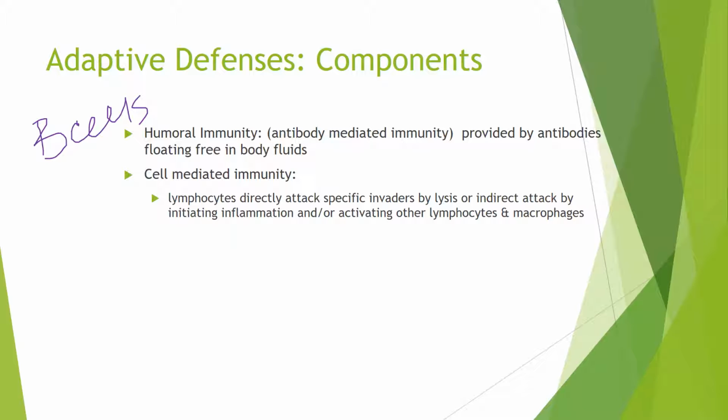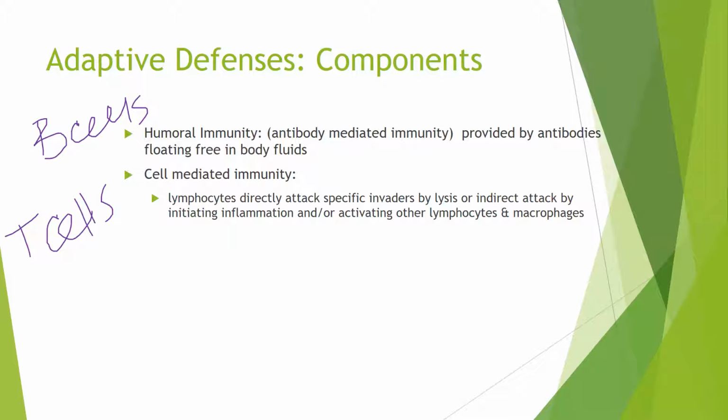The cell-mediated immunity is due to our T cells. And this is where the lymphocytes are going to directly attack specific invaders. They are either going to cause those invaders to swell or lyse, or to indirectly attack them by starting the inflammation response.